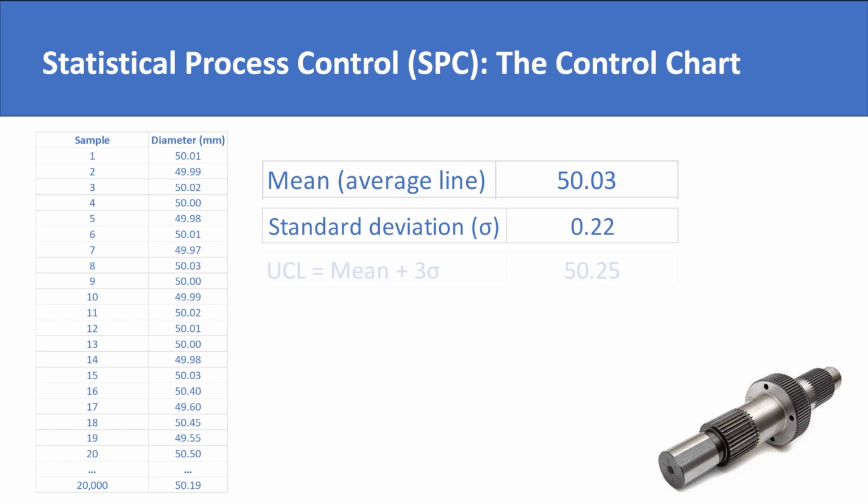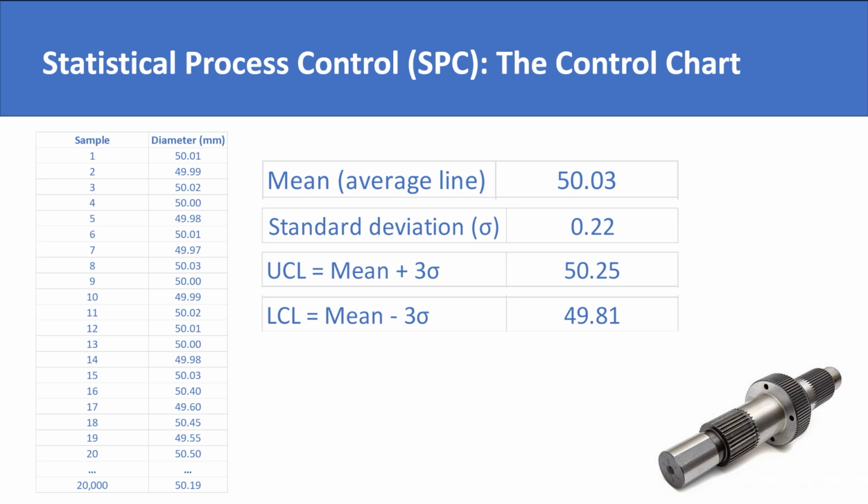Using this, upper control limit is defined as mean plus 3 standard deviations, while the lower control limit is defined as mean minus 3 standard deviations. These limits represent the expected range of variation if the process is operating under normal stable condition.